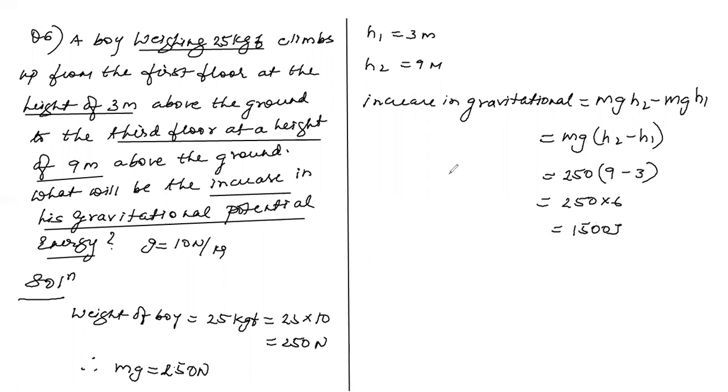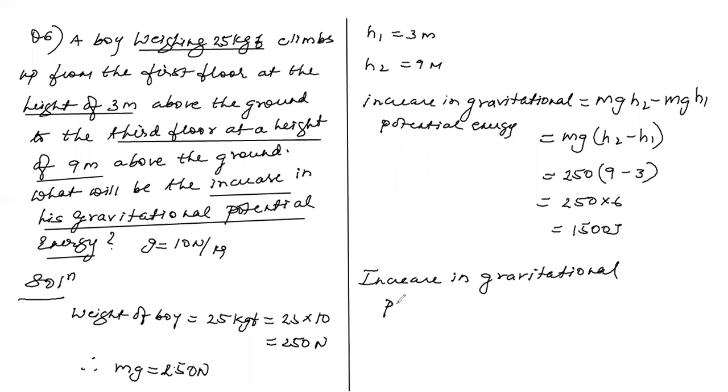So the answer: the increase in gravitational potential energy is equal to 1,500 joules. Okay, children. Now we go to the next one.